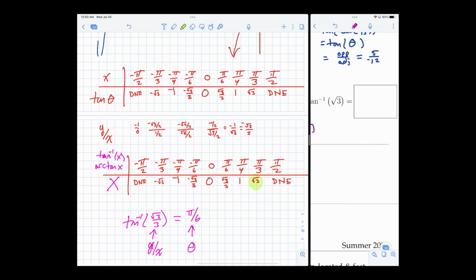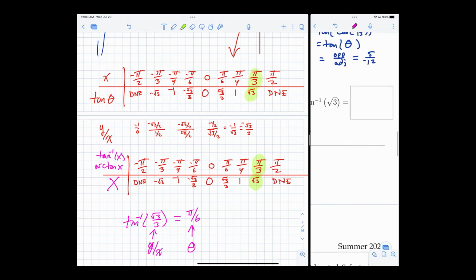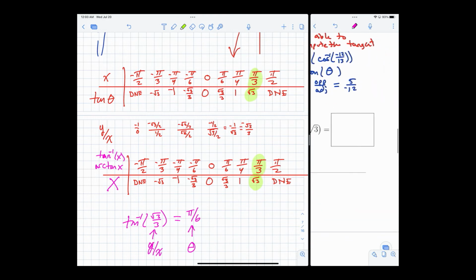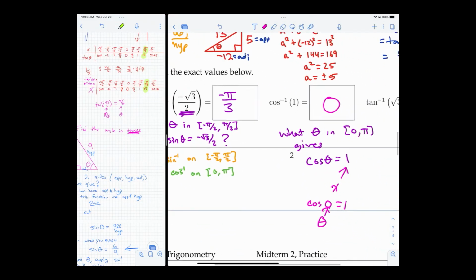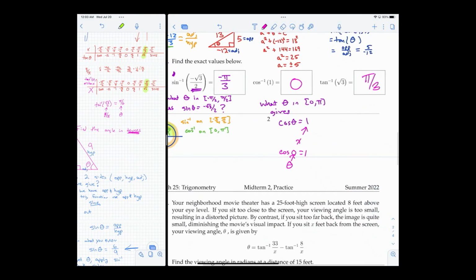Here it is. And the angle is pi over 3. You could also use the table just for tangent, where you look for the root 3 there, and then the angle is, again, still pi over 3. Of course, calculators will also come up with these same answers, but you're supposed to be able to do it from a unit circle or by hand, like we just did.